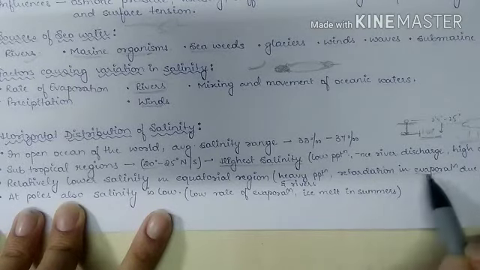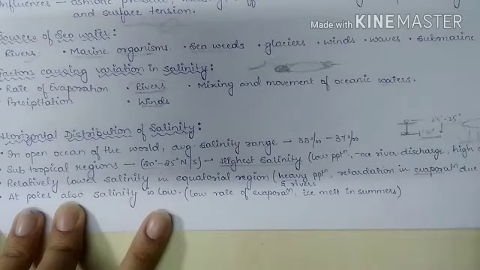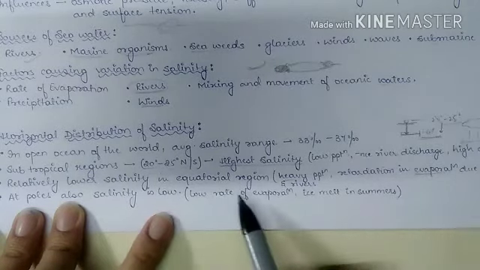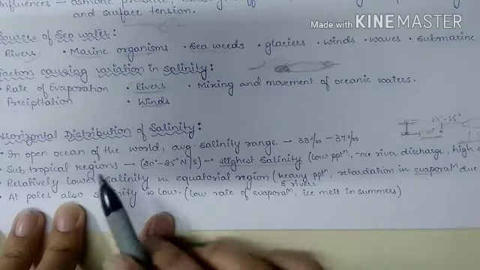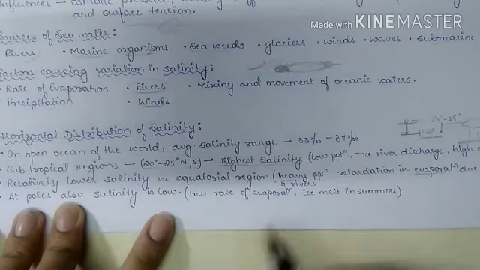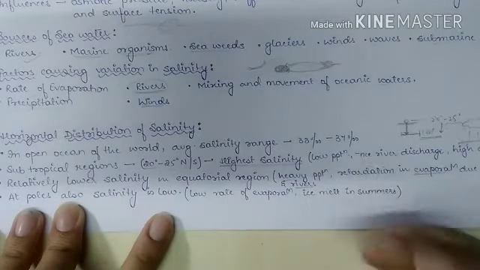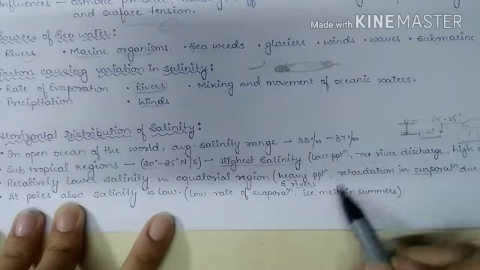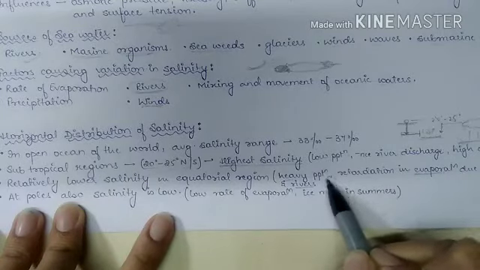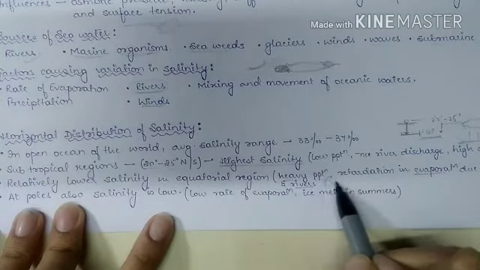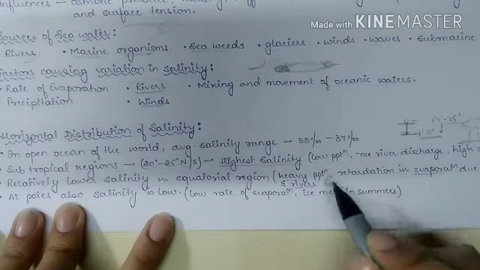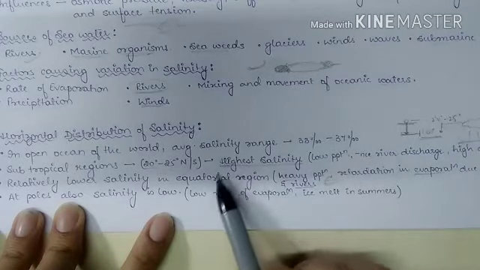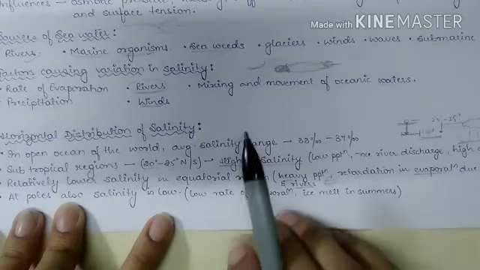So the rate of evaporation retards, and because of this the salinity of the area will be less than that of the subtropical region. Lastly, many freshwater rivers discharge into the ocean in the equatorial area. Thus with the fresh water, we have less salinity in this area as compared to the subtropical region.